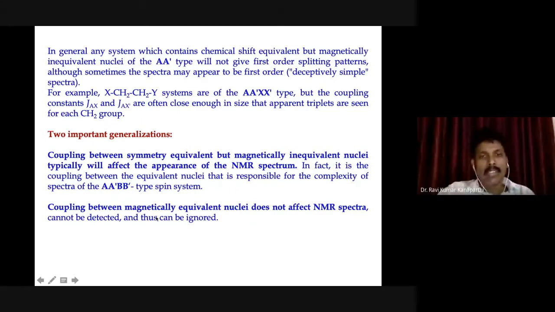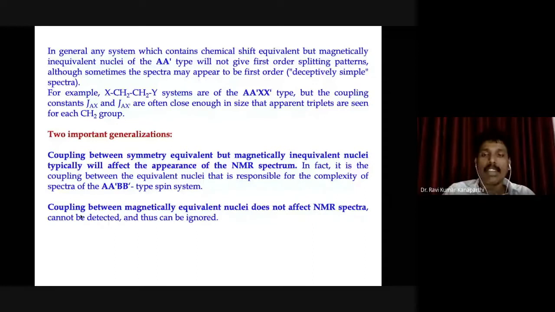The second point is that coupling between magnetically equivalent nuclei does not affect the NMR spectrum. Only the inequivalent protons will invite some kind of complexity in the spectrum. Therefore, we will have some trouble in interpreting the structure. If it is equivalent, there is no problem at all.